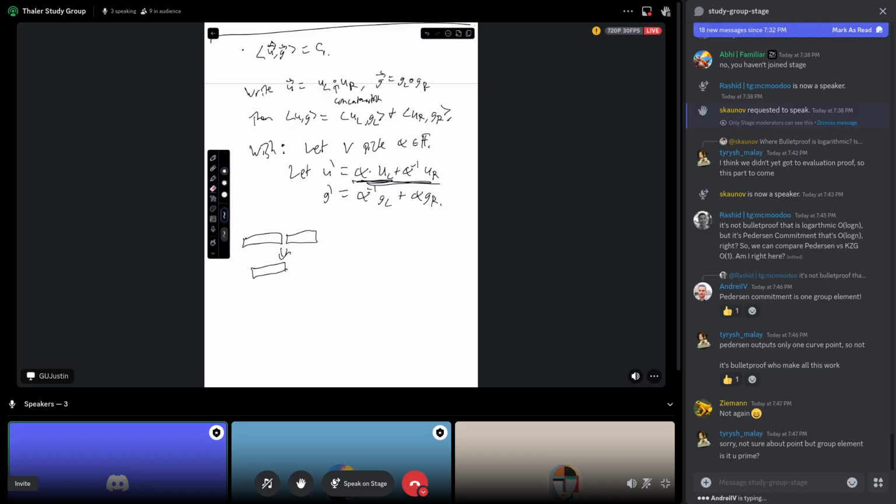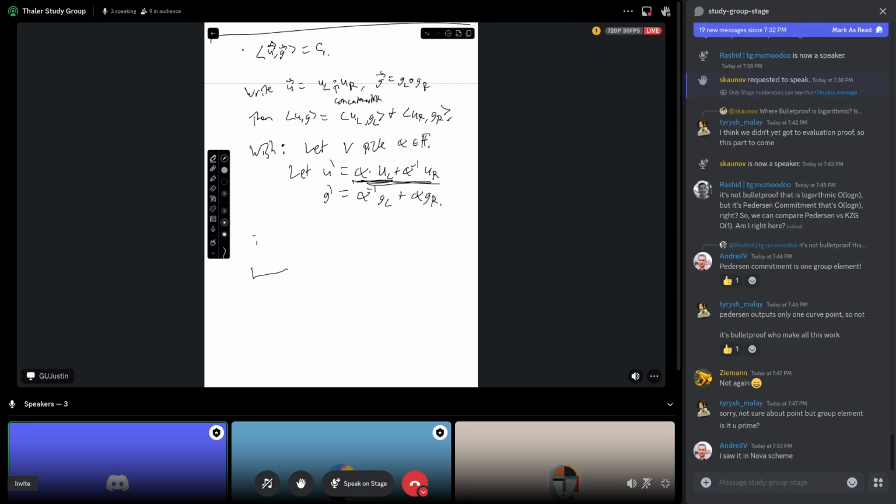Okay, and so the wishful thinking is that, in an ideal world, which we don't actually live in, the wish is that the inner product of U and G would be exactly the same as the inner product of U prime and G prime. This doesn't actually hold. Okay. So let's just imagine for a second this were true.